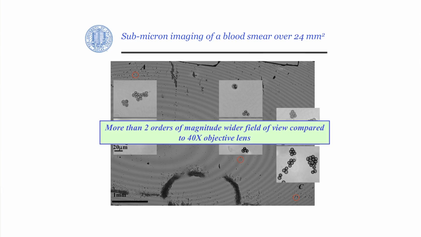That's why you need to take an image like this, a very large scale bar here, and then using a microscope, scan this to really call it for negatives. That's where, again, a computational microscope has the advantage because from one part of the diagonal to the other, you can reconstruct and get very nice submicron resolution images of the cells across a very large field of view, which is around 2 orders of magnitude wider than a similar objective lens.